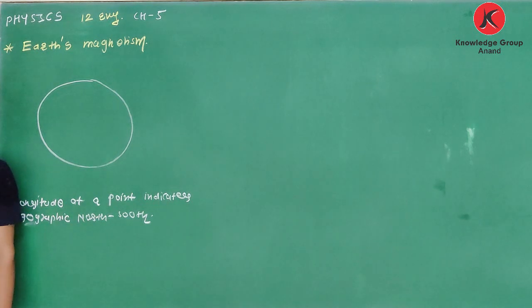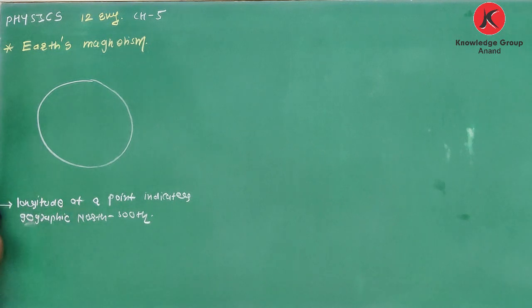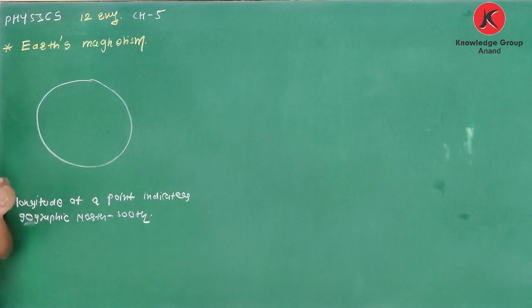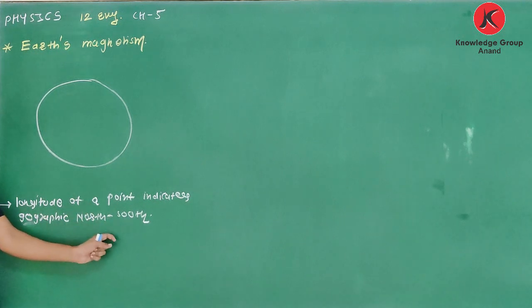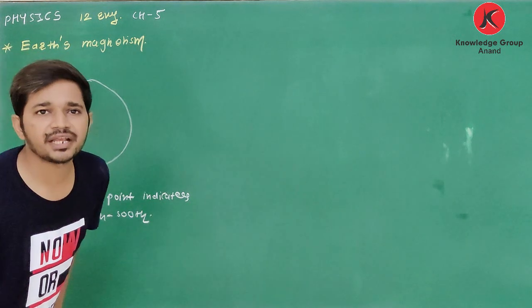One imaginary plane passing through this longitude circle, which indicates geographic north and south, is called the geographical meridian.